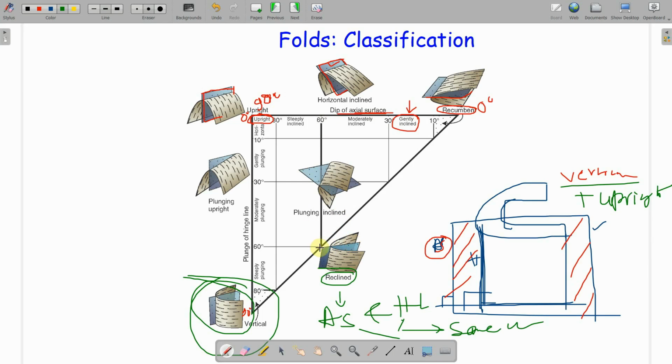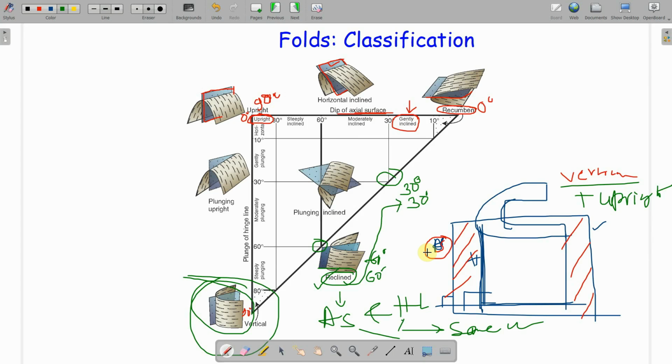At which point will you obtain that? At this point and again at this point. Here you can see the plunge is 60 degrees and dip is also 60 degrees. So then it's a reclined fold. Here also you will see that plunge of the hinge line is 30 degrees and dip of the axial plane is 30 degrees. So here also you can get one reclined fold structure.